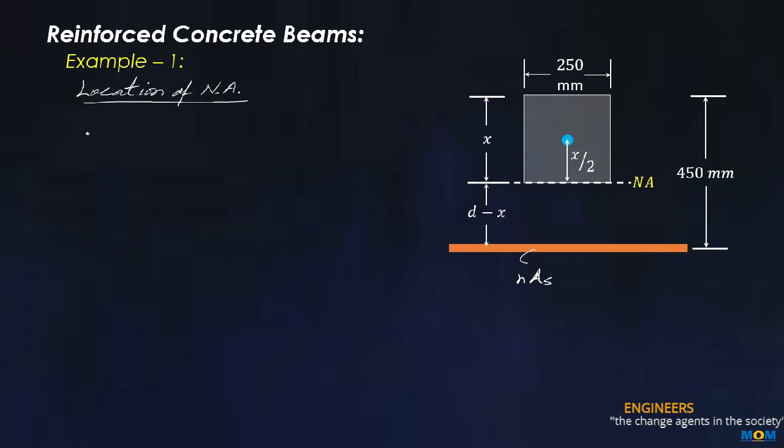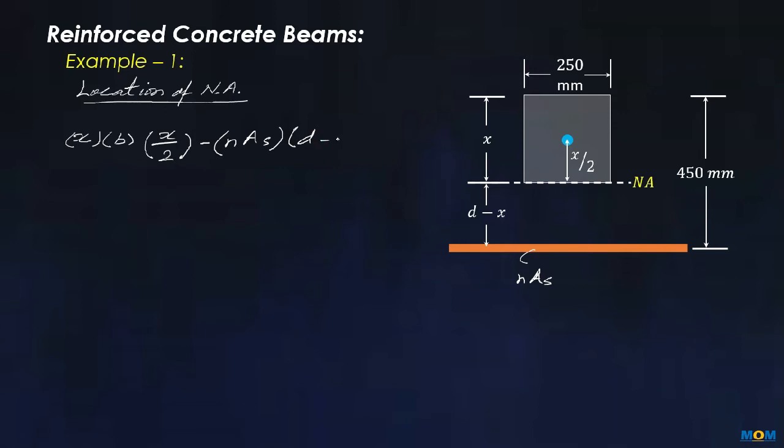Now x times b, that is area of the concrete, multiplied with the distance x upon 2, in consideration with the transformed cross section of the beam, minus nAs multiplied with d minus x is equal to 0.